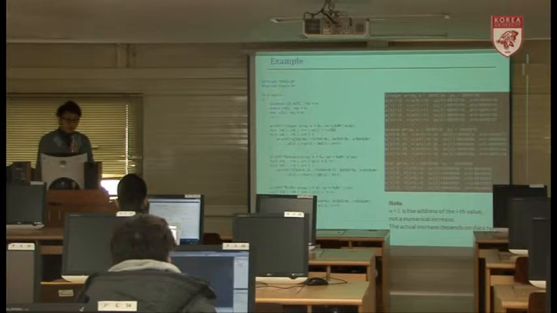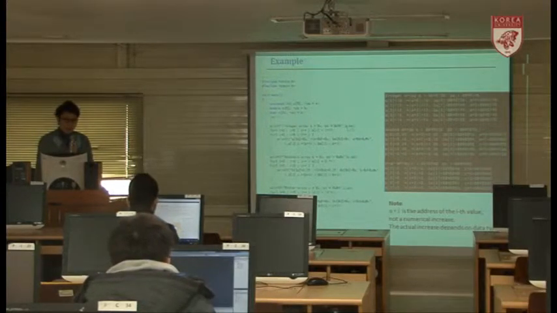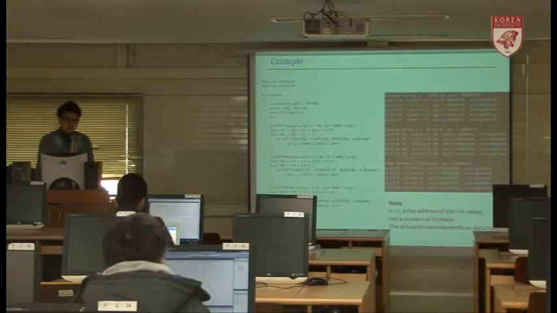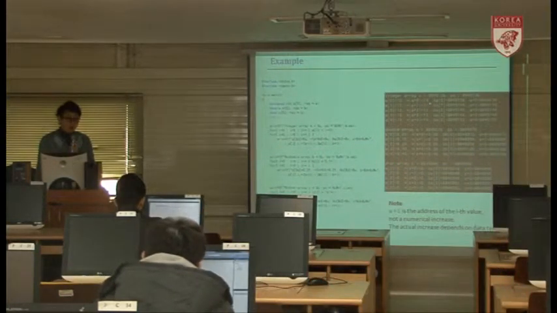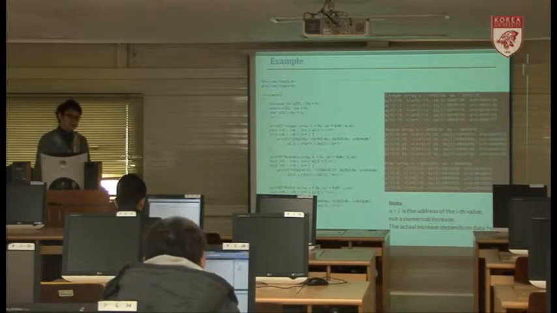Let's look at this integer array. At first we print out the value of A and the value of PA. A is from this integer array, and PA is assigned to be A. So the value of A and the value of PA are equal, because they both represent the starting point of this array A. And the others are the same.